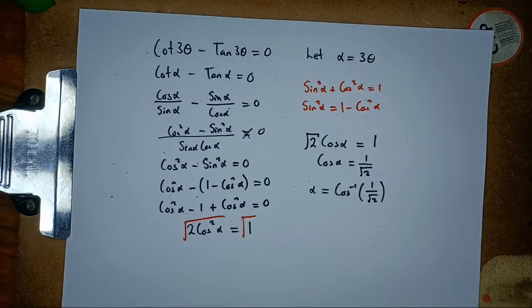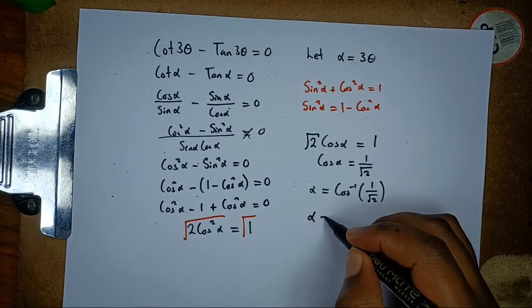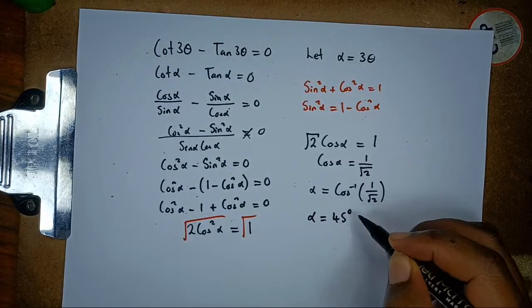I think this is the same as root 2 over 2. So it should be 45 if I'm not mistaken. So yes, I'm getting a 45. So alpha is equal to 45 degrees.